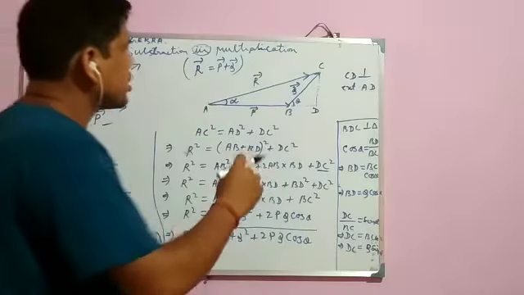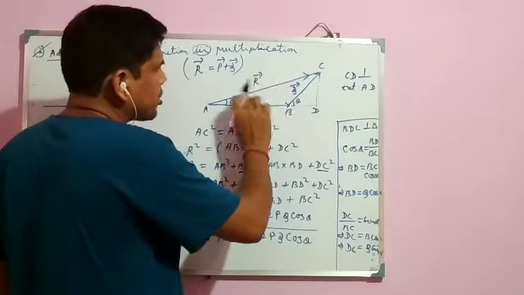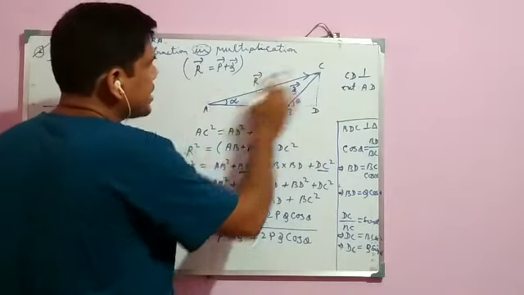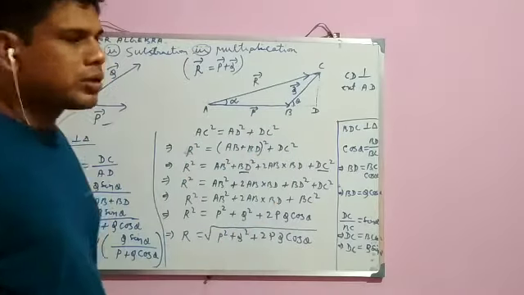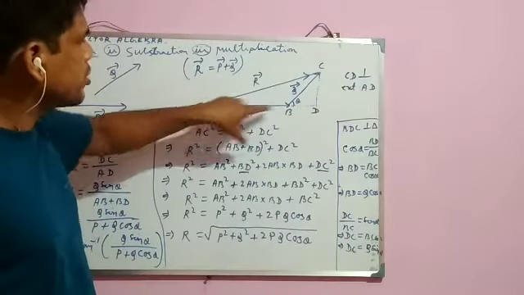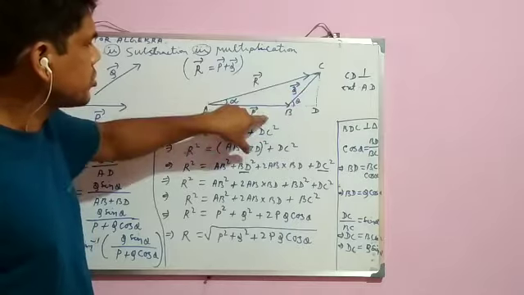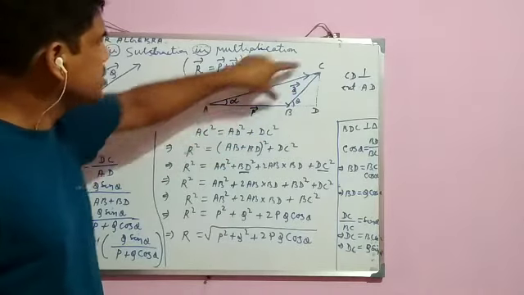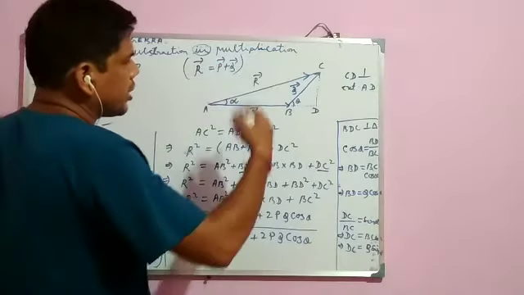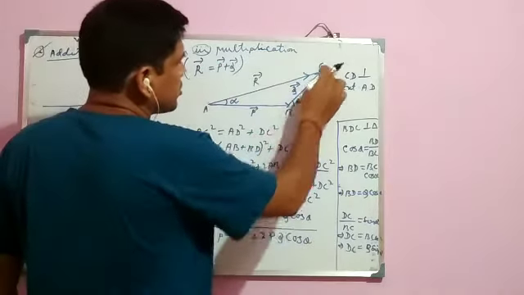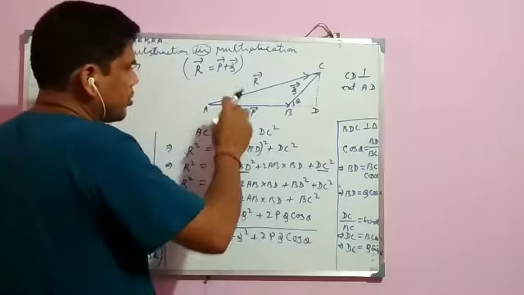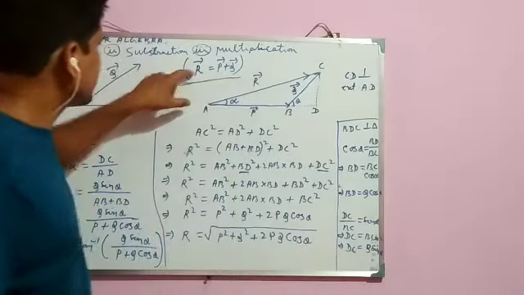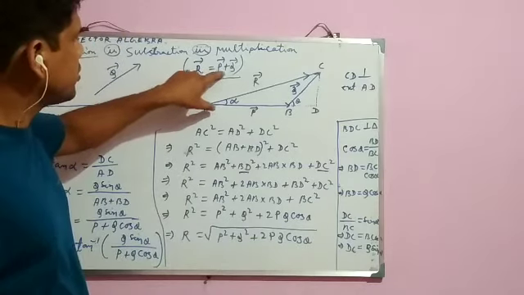Then the resultant vector, or closing side of the triangle, represented by AC, taken in opposite order to BC, gives the resultant of these two vectors, which is represented by vector R. Geometrically we can write vector R equal to vector P plus vector Q.